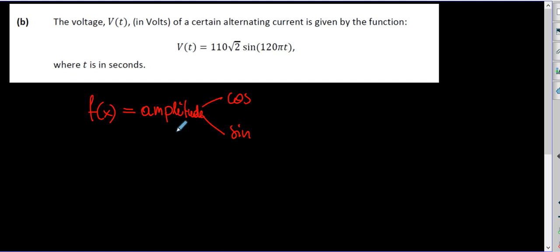Then after that will follow cos or sine, and after that will follow our variable x, and sometimes an additional number standing beside our variable, and then we have plus an additional number, and that's the midline. So let's remember what midline and amplitude are. Midline is the line in the middle of our function.